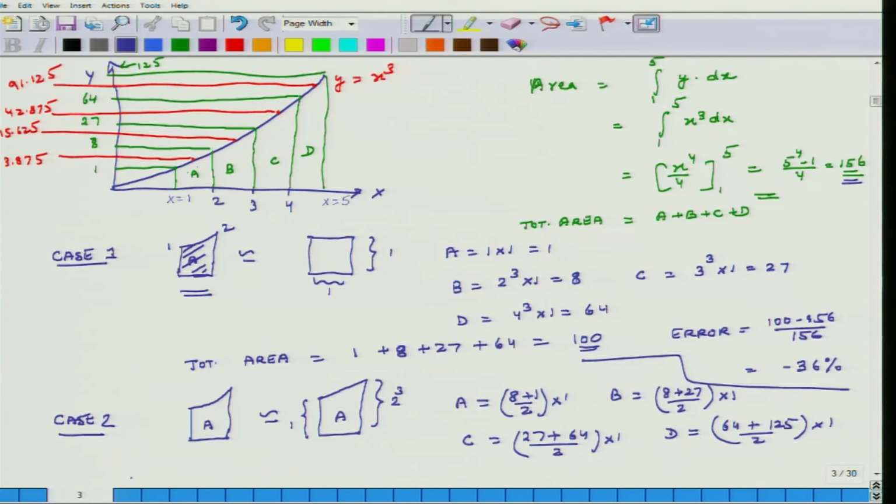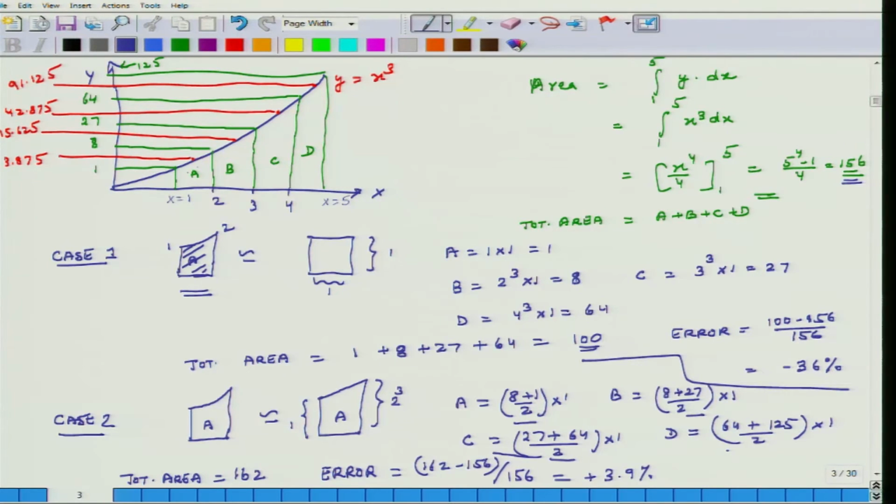And in this second case, total area, if I add up all these values, I get it as 162, which means my error is equal to 162 minus 156 divided by 156, and that comes to be plus 3.9%.